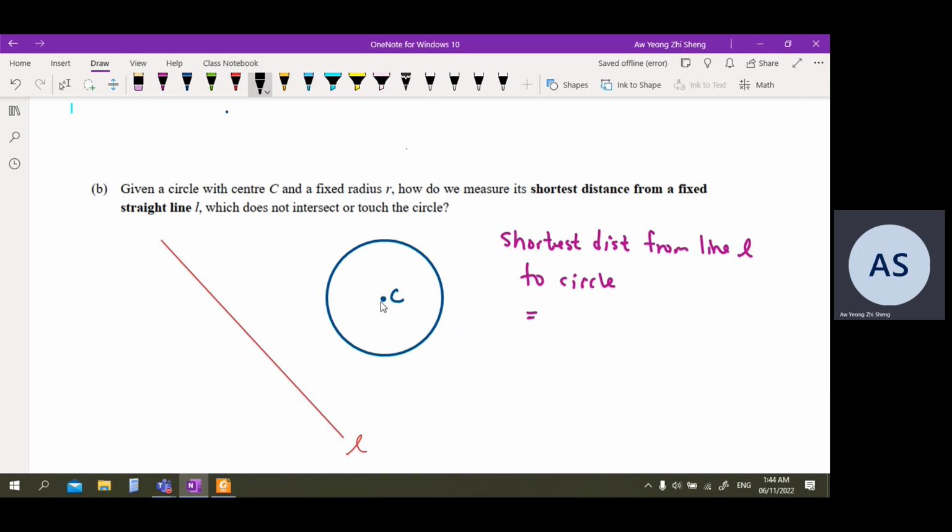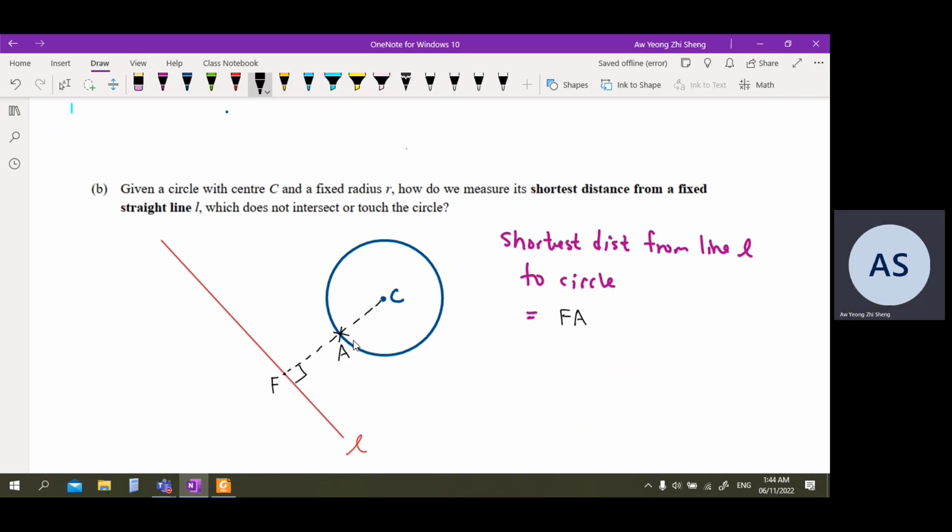You would construct a perpendicular line to L from the center C of the circle, like this. Then let's call this intersection point A, and let's call this foot of perpendicular F. Right, so the shortest distance from line L to the circle will be the distance FA. This is all that you need to know for this part.